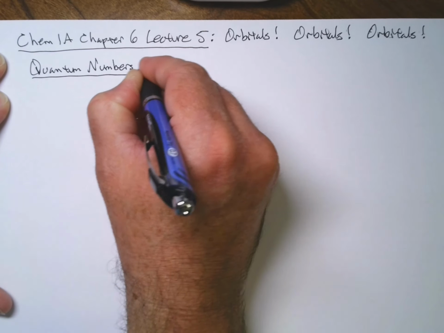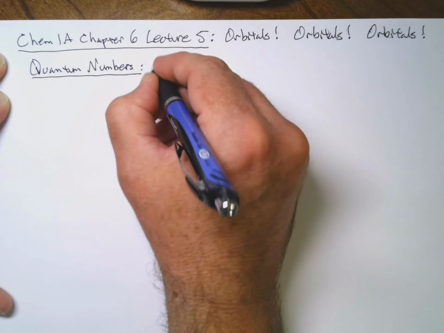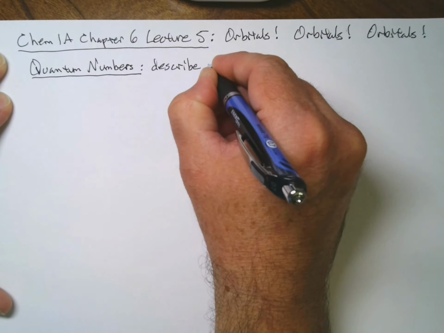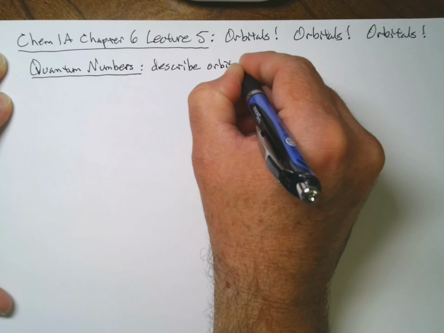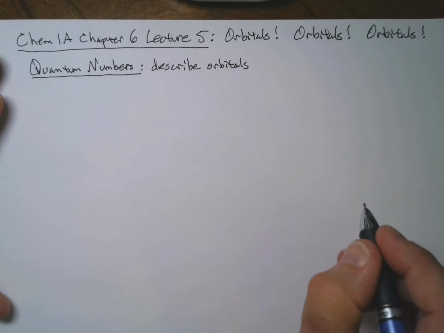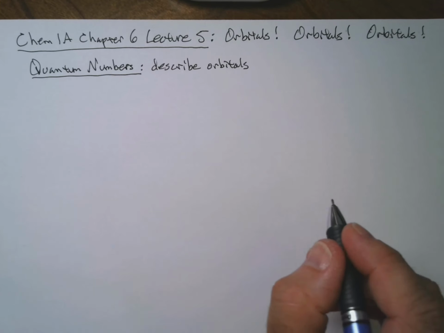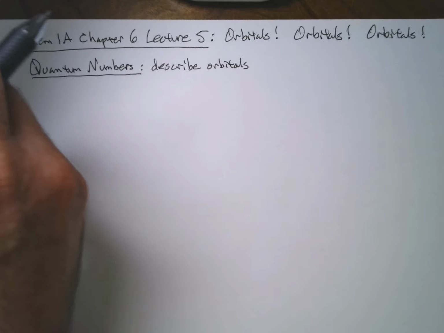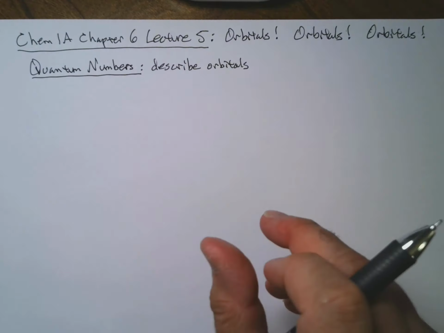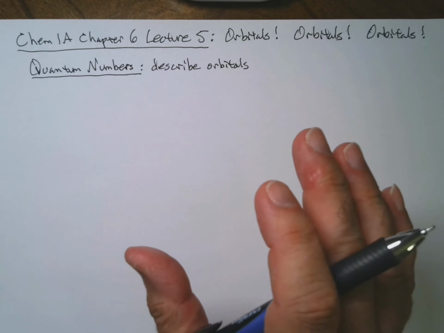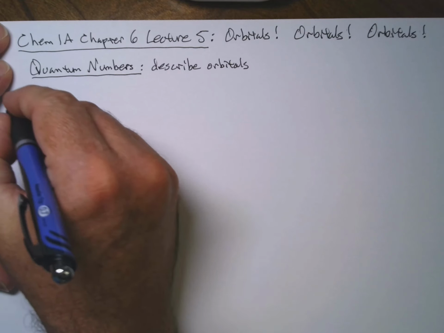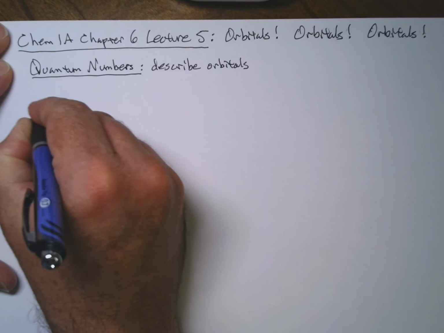And of course, quantum numbers are going to be associated with or describe different orbitals. And the different quantum numbers have different names, which you don't necessarily need to memorize, but rather understand the rules for them. So we start off with the principal quantum number, which is n.